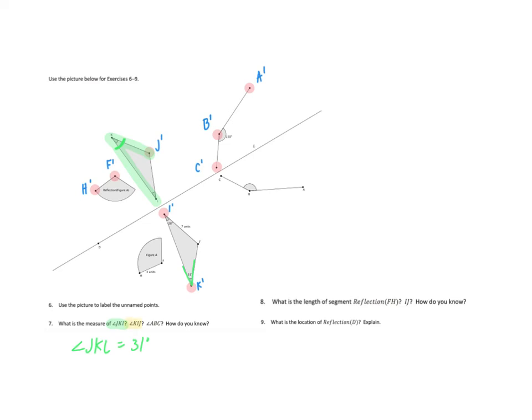And then it asks us to find KIJ. So KIJ is going to be this angle right here. And if we look at our reflected image, that angle right there is 28 degrees.